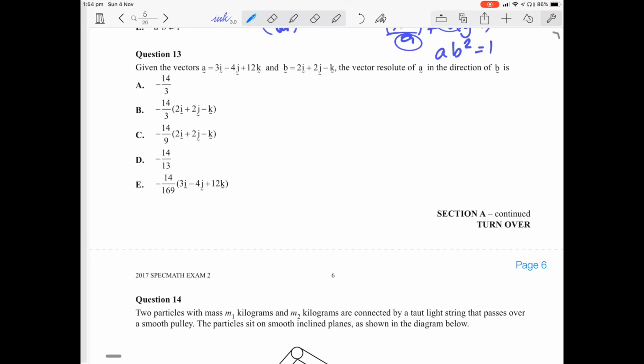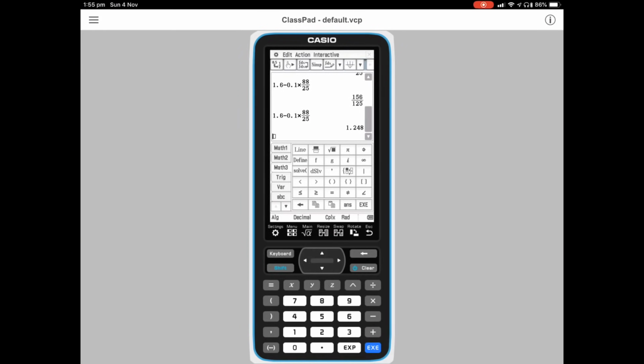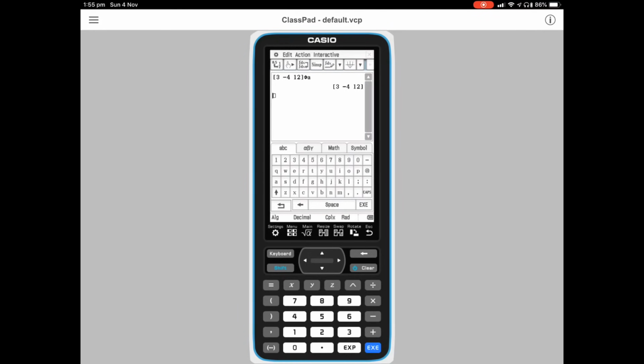Okay, the vector resolute of a in the direction of b is, okay, I'll do this on a CAS. Vector resolute. So we want a dot b hat, times b hat. Let's just quickly put in a is 3, negative 4, 12. Okay, store that in A. And then b is 2, 2, negative 1.